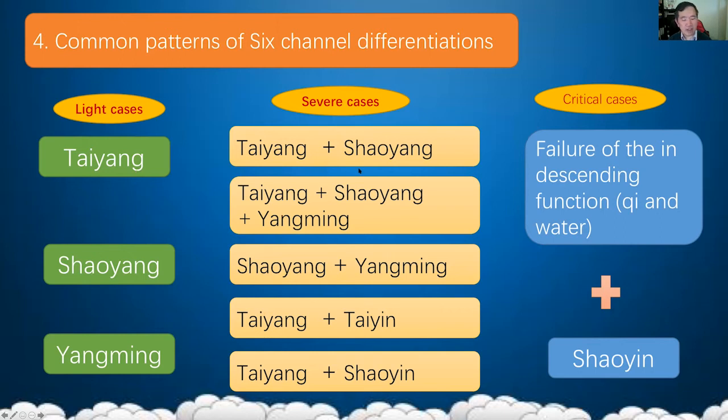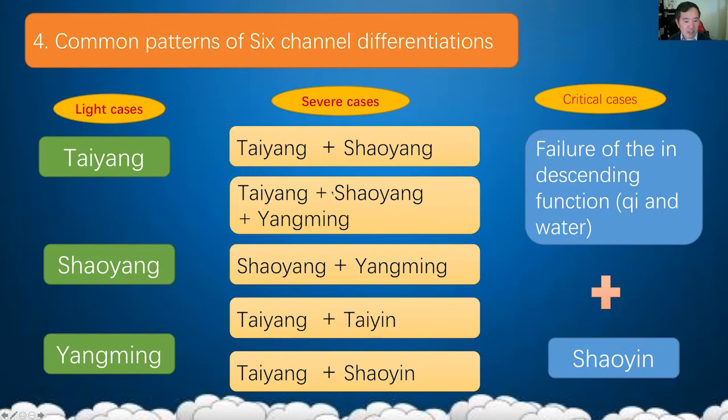However, at the severe cases, we can have a mixture of different channels. For example, mostly there can be involvement of 2 channels, for example, Taiyang with Shaoyang, Taiyang with Yangming, etc.